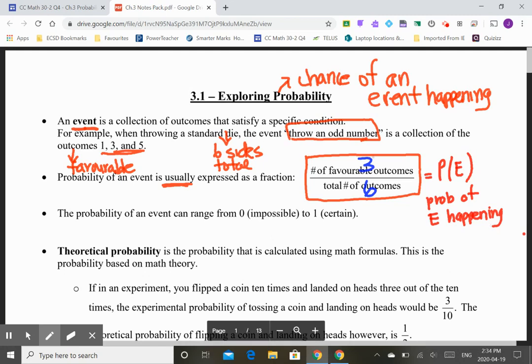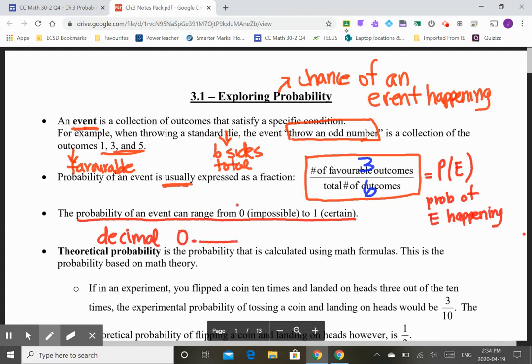We could also take those fractions and always change them to a decimal. And when we do that, here's what we're going to notice. We're going to notice that the probability of any event is going to range from 0 to 1, which means anytime we take our fractions that we've calculated and change them into a decimal, those decimals are always going to look like 0 point something.